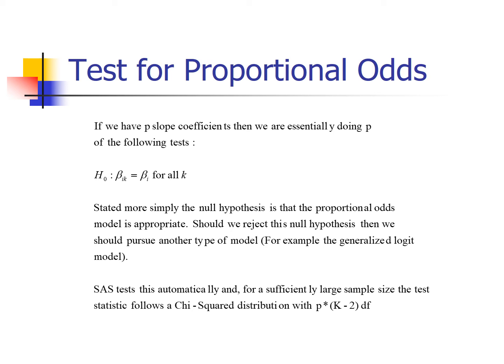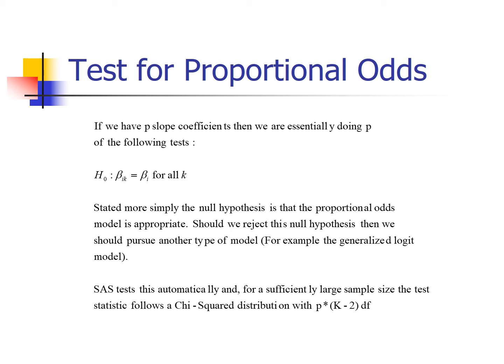Failing to reject means that the proportional odds assumption is appropriate. Should we instead reject, that means we need to use another type of model, for example, the generalized logit model that we're going to talk about next week.